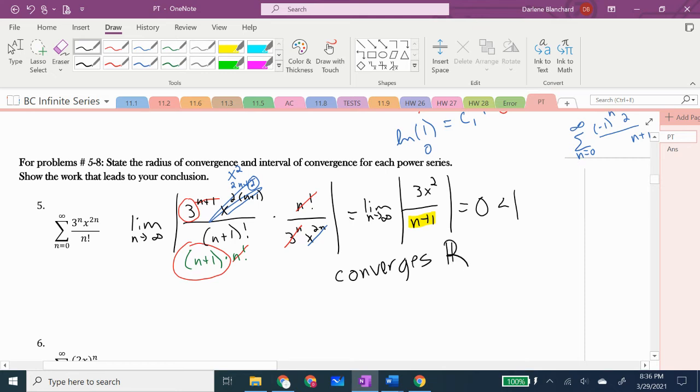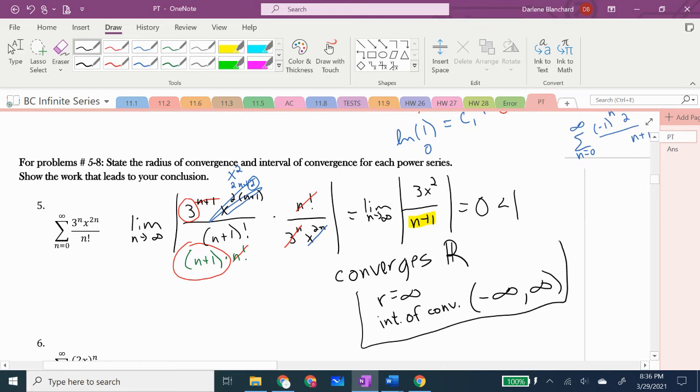Now, the radius of convergence is infinity. The interval of convergence is negative infinity to positive infinity, which means the same thing as all real numbers.